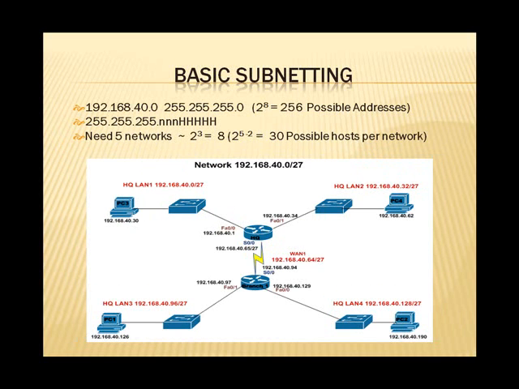A better way to do this would be to borrow some of the bits from the last octet and create the networks that are needed, in this case 5, which would limit the number of IP addresses that can be assigned on each local area network. 30 total.